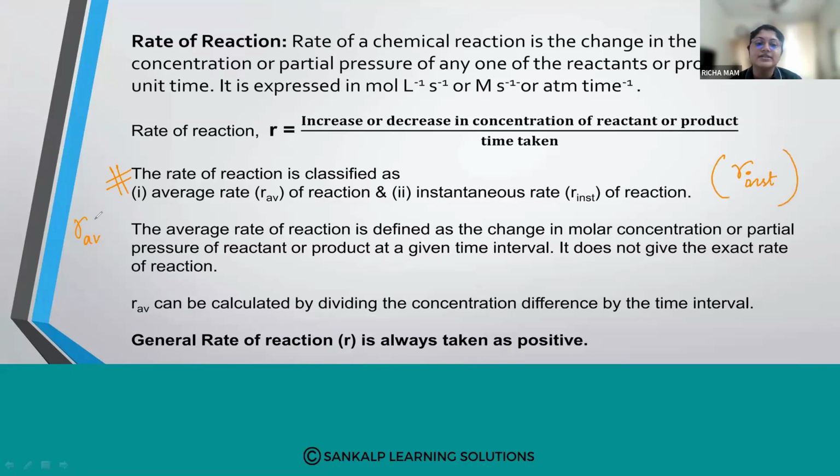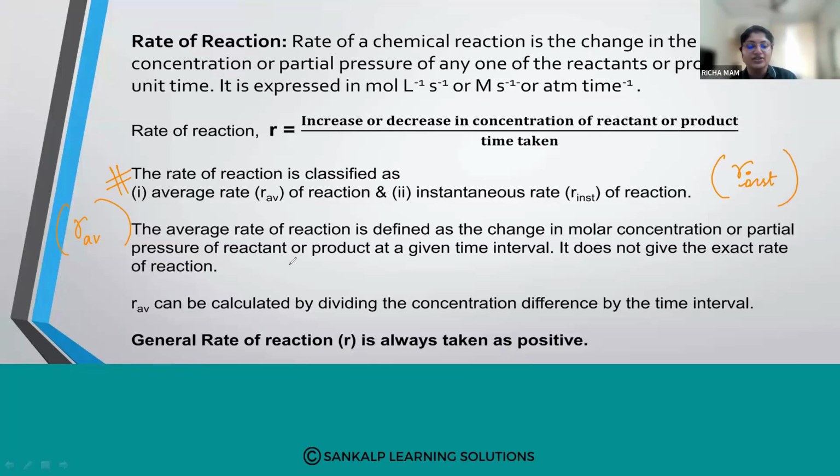So average rate of the reaction is denoted by r av, and instantaneous rate by r i. So what is this average rate?